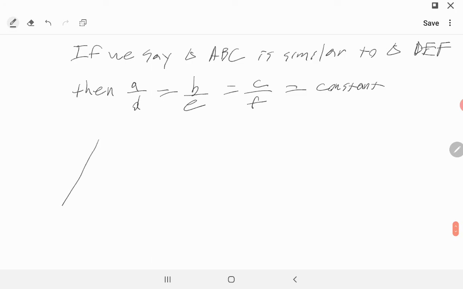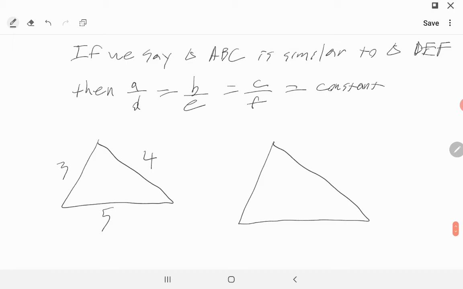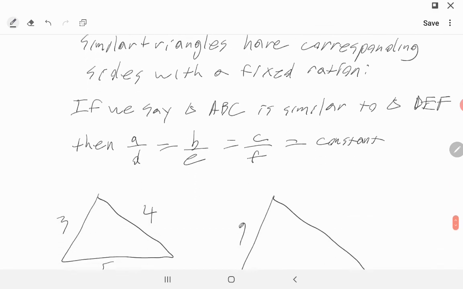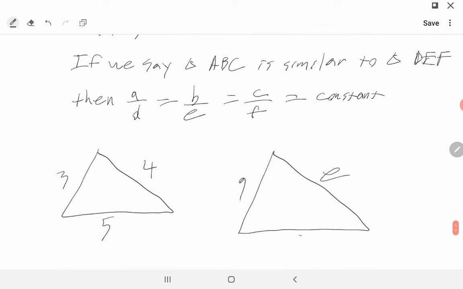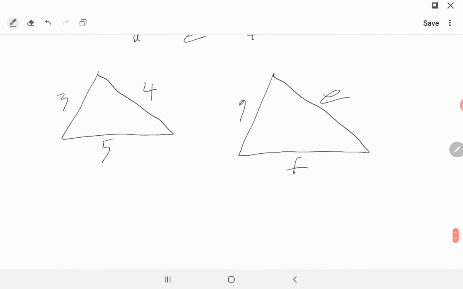That means that if the first triangle was, say, 3, 4, 5, and we knew that the other triangle was similar, and we know that this side length is 9, and we don't know these other two side lengths, let's name them E and F to stay consistent, we notice that 9 divided by 3 has to equal E divided by 4, has to equal F divided by 5.